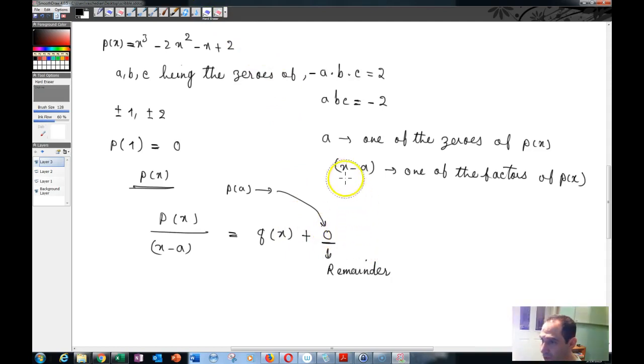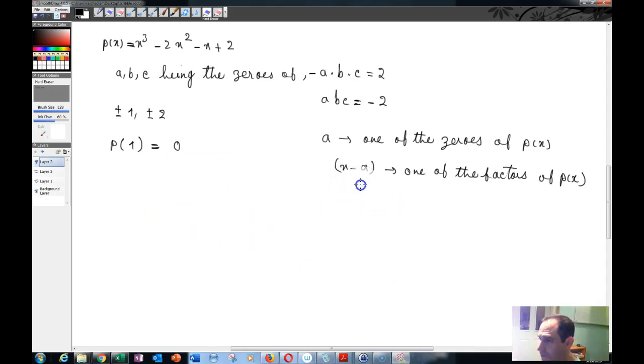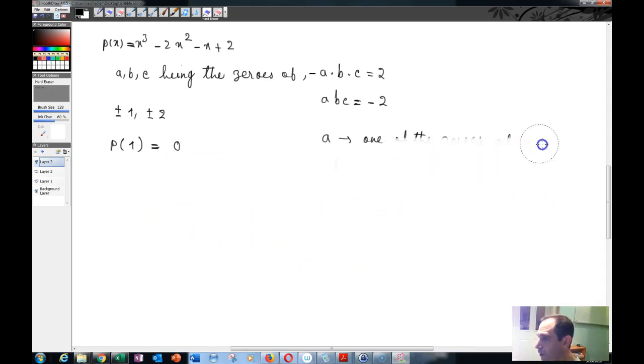So then what I'm going to do is basically calculate, for example, start with any of these numbers: positive 1, negative 1, positive 2, and negative 2.